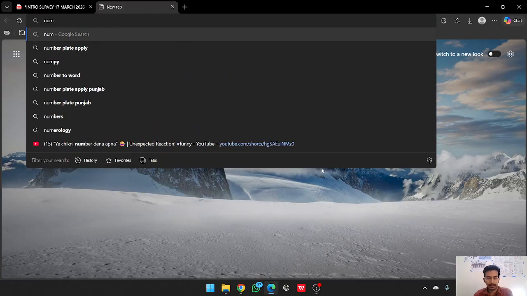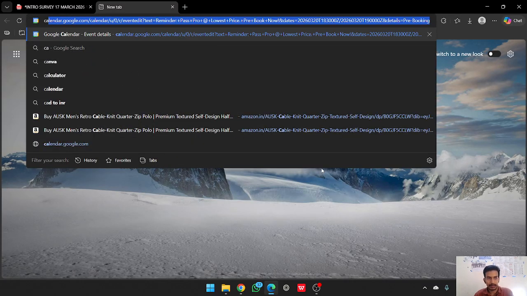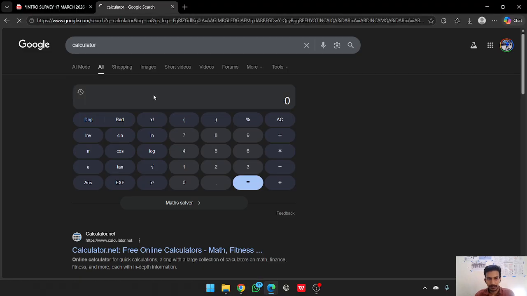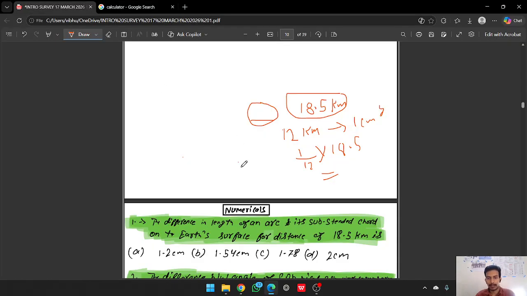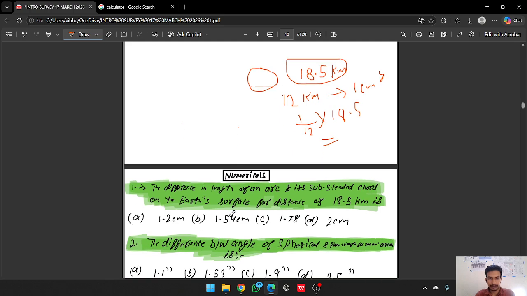We have to calculate how many. 18.5 divided by 12, enter, which we will get 150.5, from 150, and this is the answer.